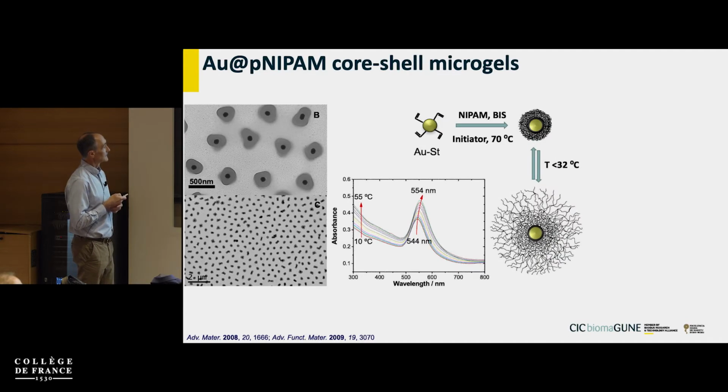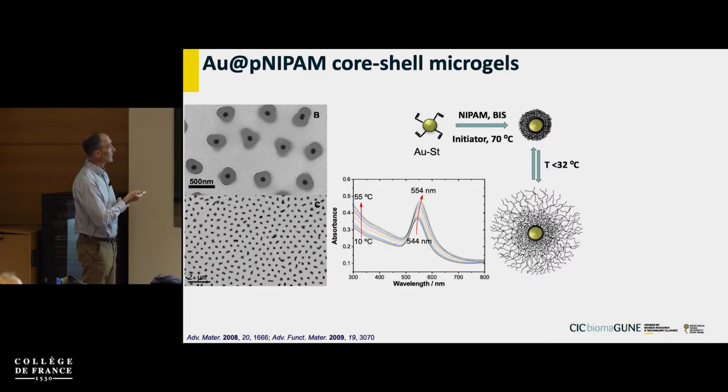And in fact, if you now measure the optical spectra by changing temperature, in principle, you don't see much, right? So you see just a small redshift of the position of the maxima. If you remember, this is related to a gradual increase in the refractive index of the material around the particle.